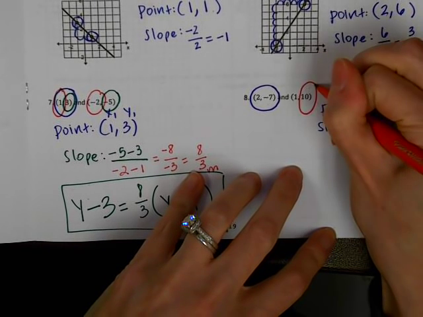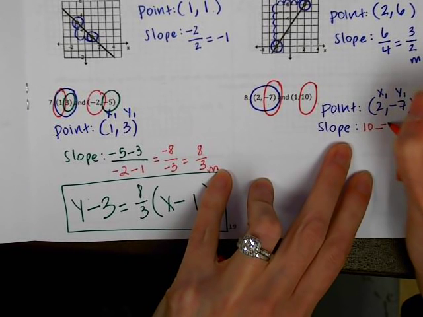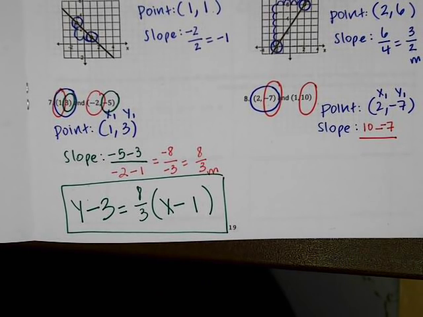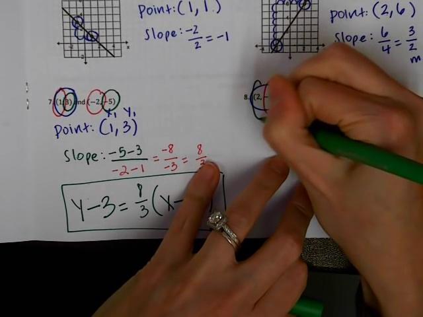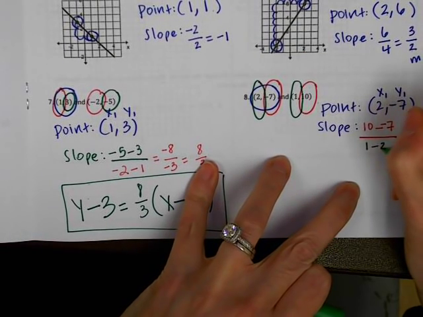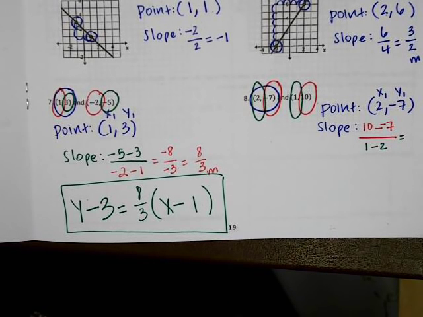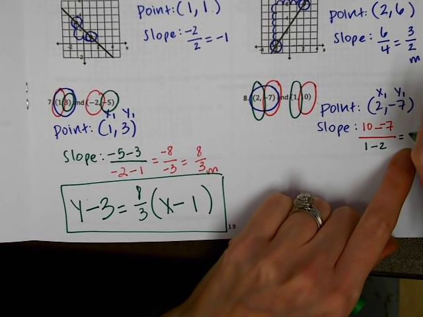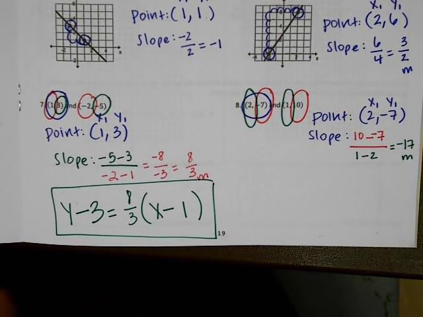It's y2 minus y1, so 10 minus negative 7, over x2 minus x1, so 1 minus 2. And if you calculate that, that ends up being negative 17 as your m.